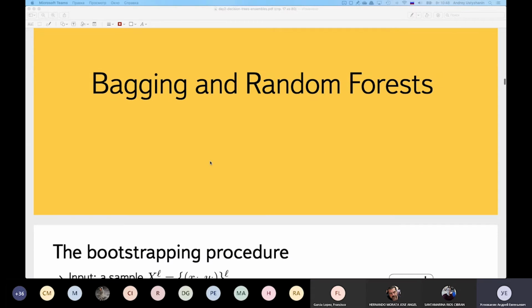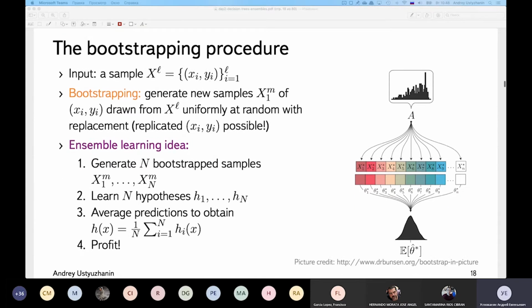Okay, so let's go further. We introduce some ideas first, some algorithms that are not specifically designed for trees, but used in the context of trees quite extensively.